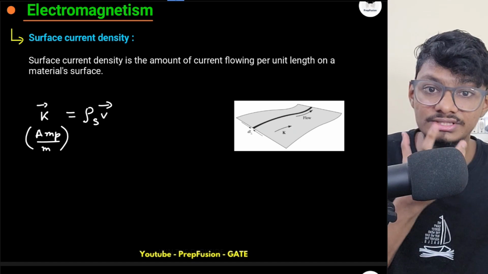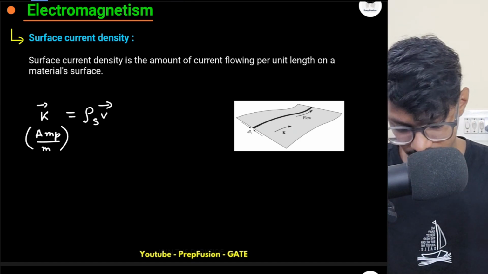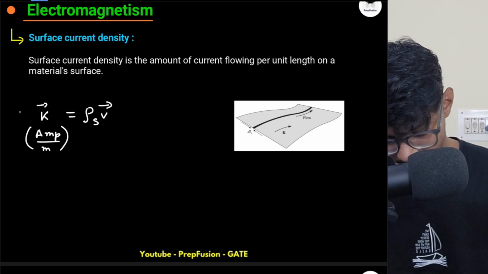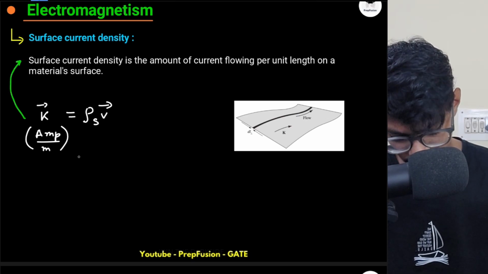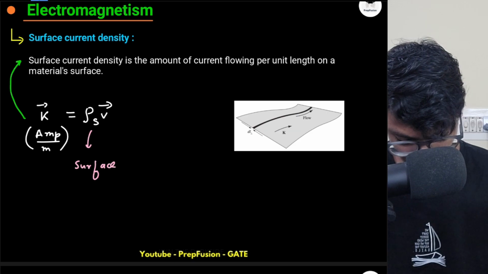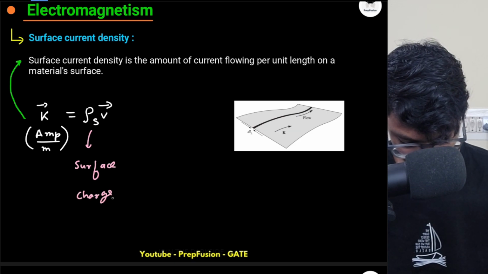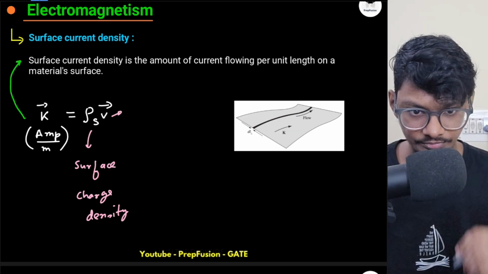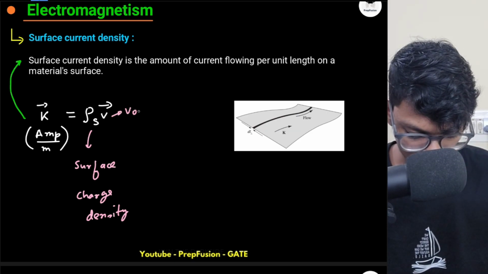And what is a surface current element? So this is the surface current density, this is the surface charge density, and this is the velocity of the charges.